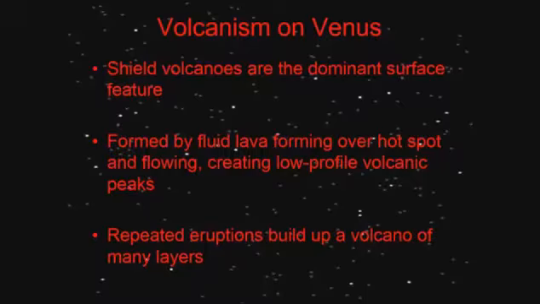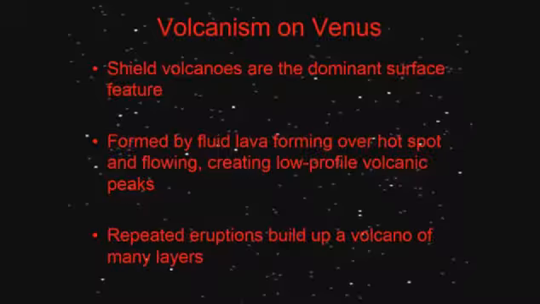So in terms of volcanism on Venus, shield volcanoes, very much like the Hawaiian mountain range, are the dominant surface features. And these are formed by fluid lava that forms over a hot spot on the surface and flows out and creates these low-profile volcanic peaks.